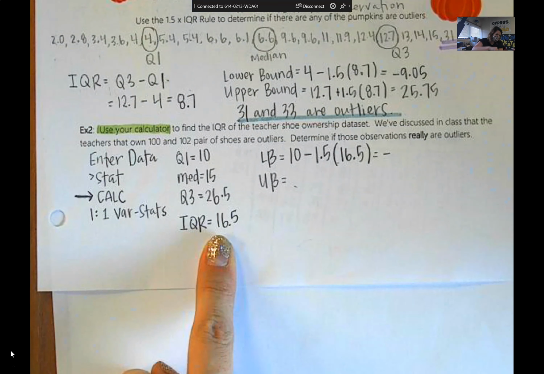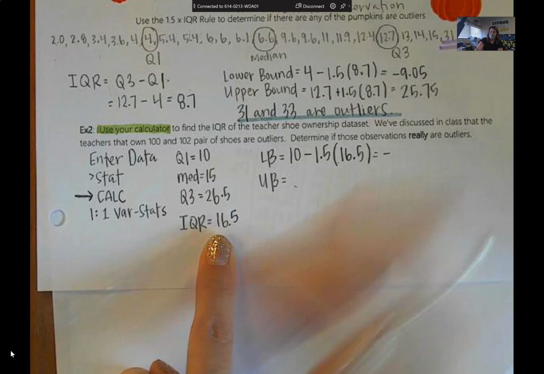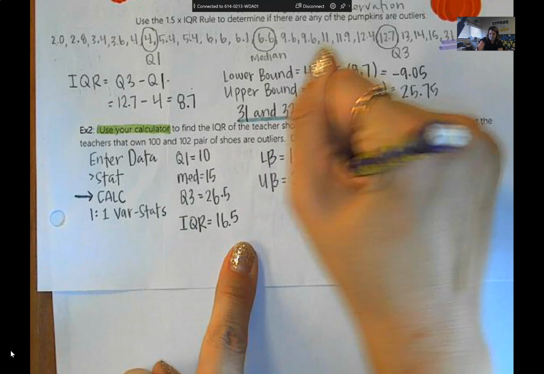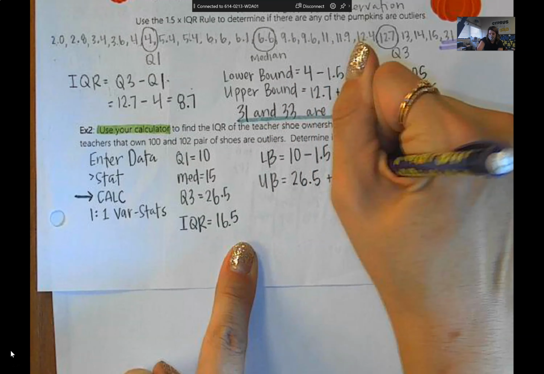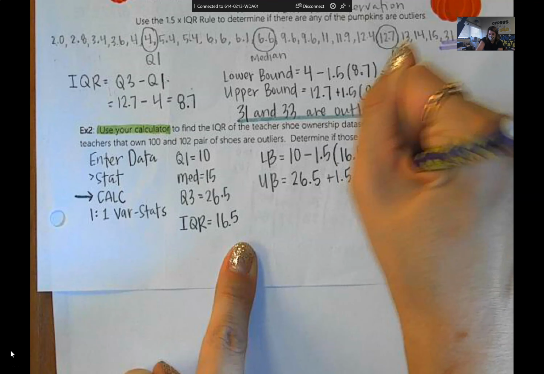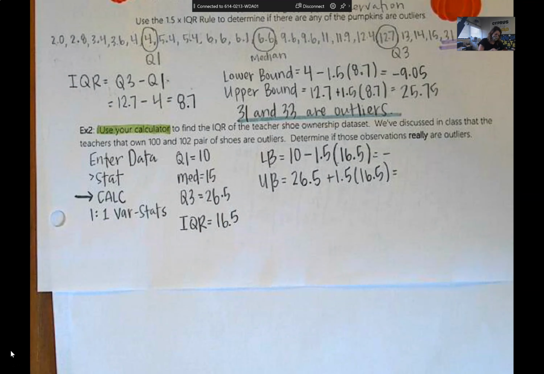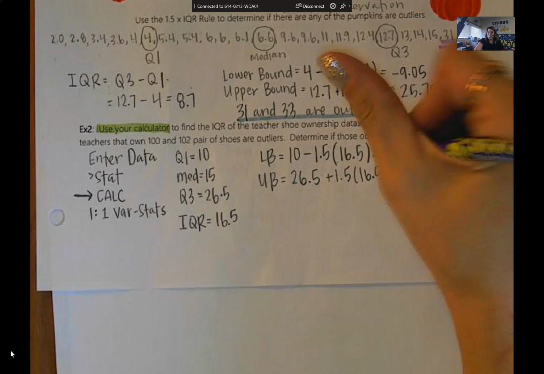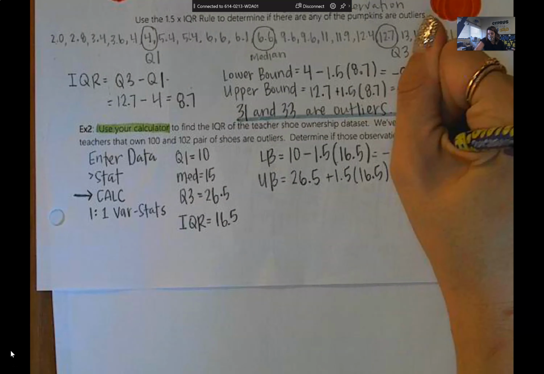I'm just going to double check mine. Will you guys find the upper bound while I'm double checking mine? Yeah, you guys were right. Negative 14.75.